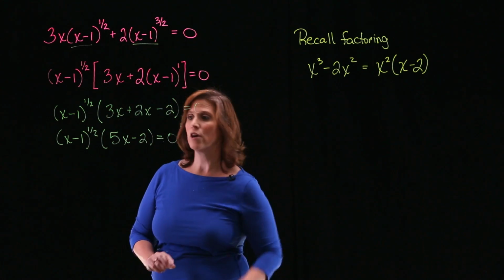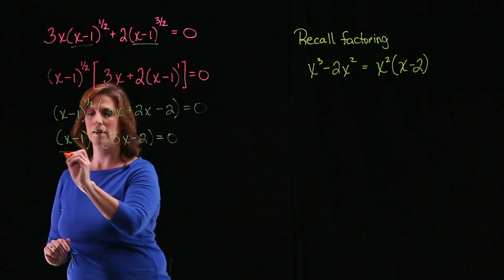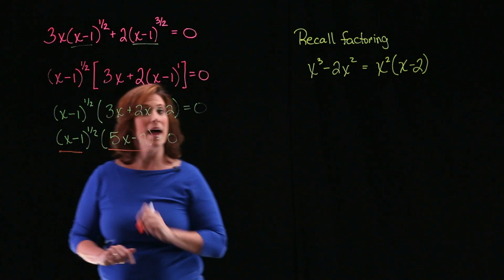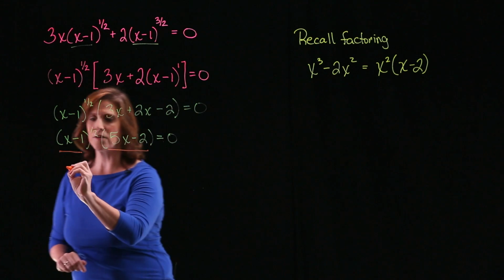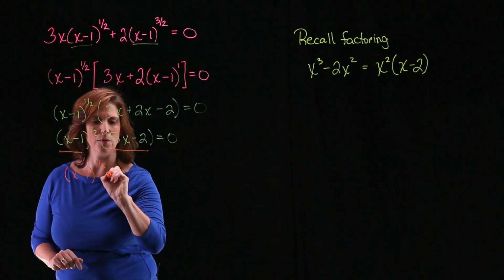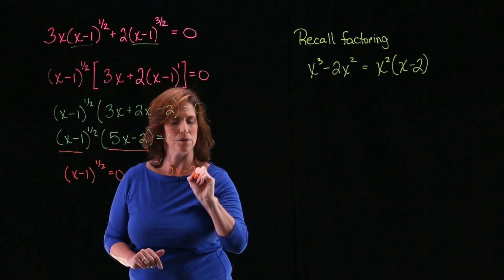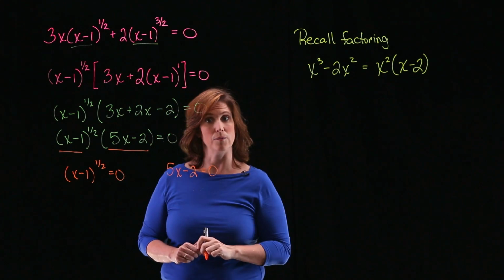I now have two things multiplied together that equal 0, so one of them has to be 0. Either x minus 1 to the 1/2 is 0, or 5x minus 2 equals 0.